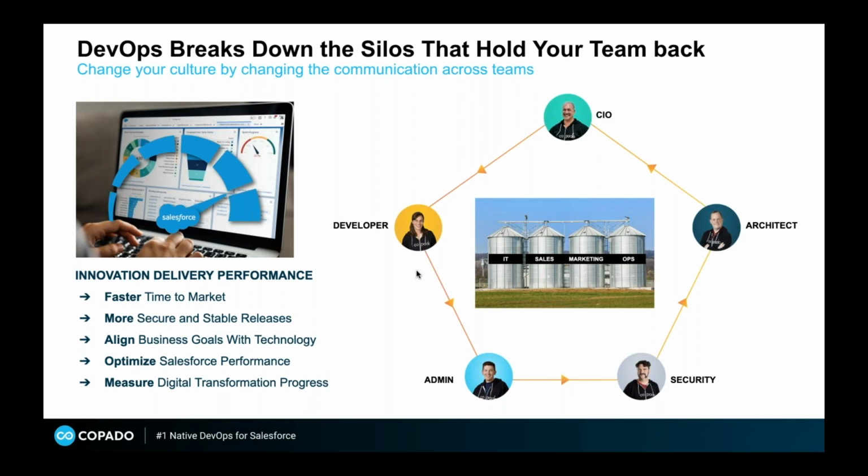The ultimate goal for everyone is, how do I get faster time to market, of course, but simultaneously, how do I deliver a higher level of security and stability in those releases? What we think is most important here is that when you have that multi-million-dollar investment in Salesforce, you really need to be making sure that you're aligning the business goals and your digital transformation progress and plan together with the actual technical execution.